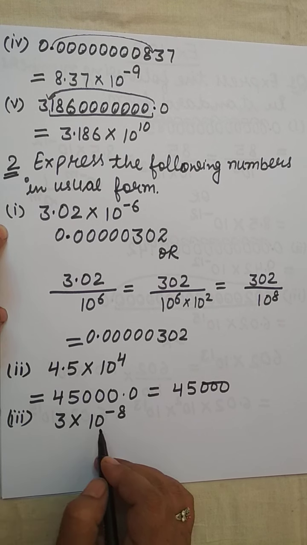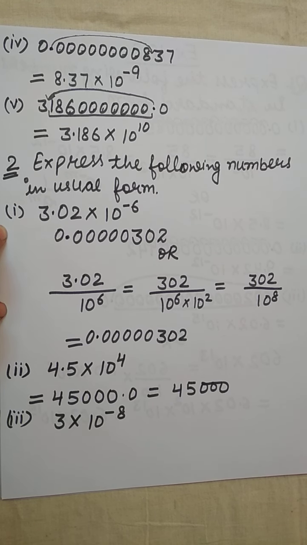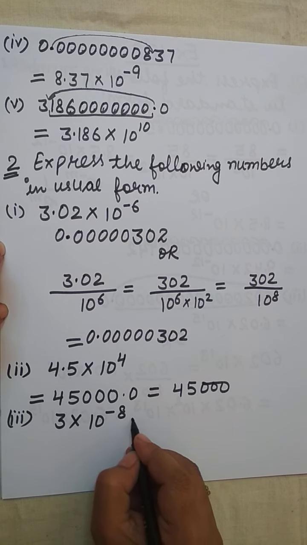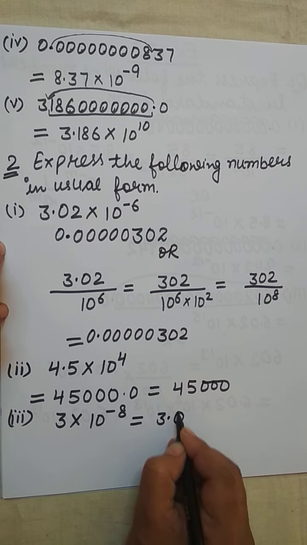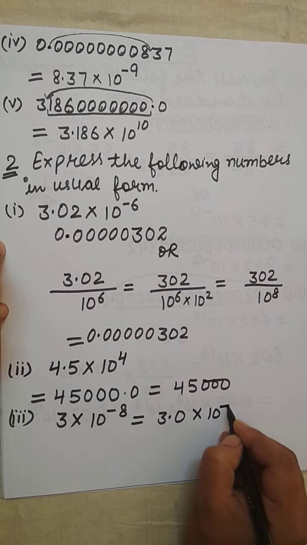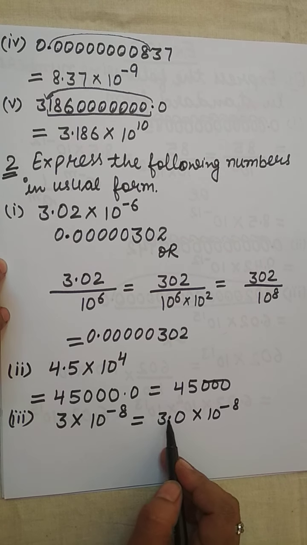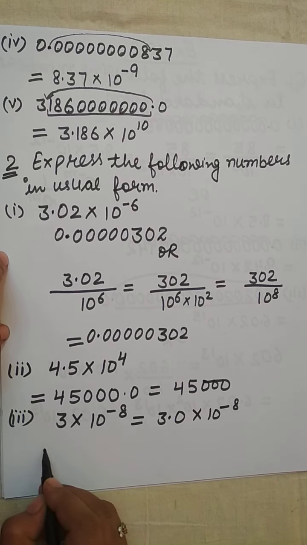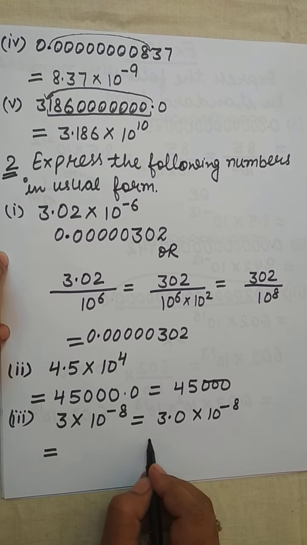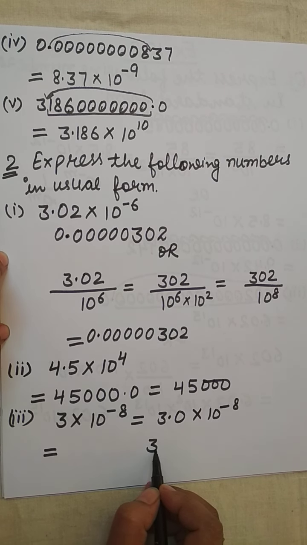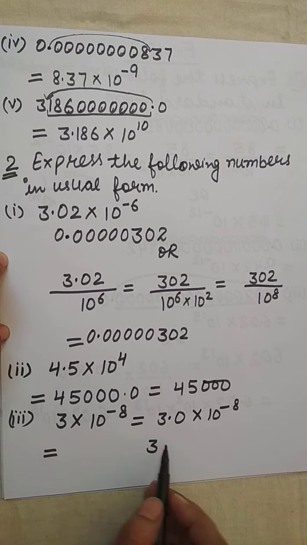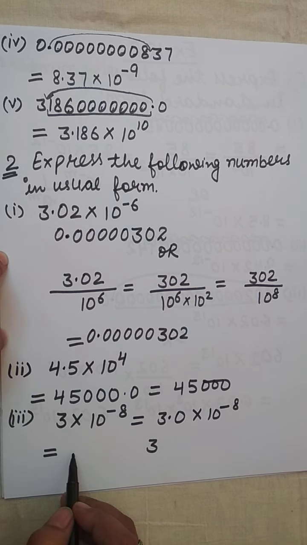Next part is 3 into 10 raised to power minus 8. It can be written as 3.0 into 10 raised to power minus 8. As we know that the power is negative, we will shift this decimal to the left side. So it can be written as, this is the first digit 3. I'll put 8 digits after the decimal.